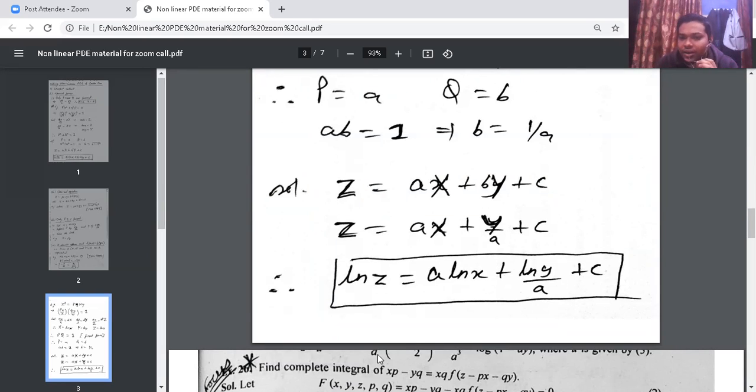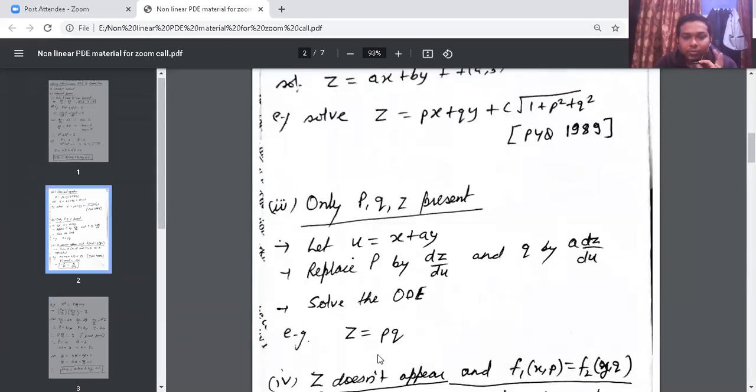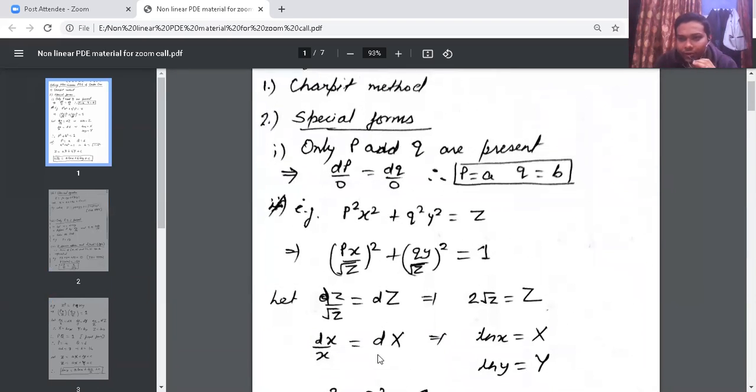Very simple solution. You can try it with Charpit. It will not be this easy. So this is part of the 4 special forms, and I'm emphasizing them because when I started using these forms, I saved a lot of time in the exam, and I was able to do the non-linear PDEs a little more quickly and with much more confidence, because I was sure that if not in this way, that way I can do it.